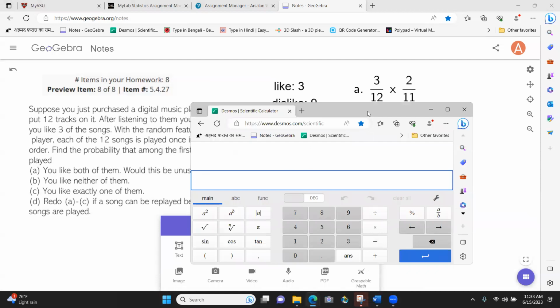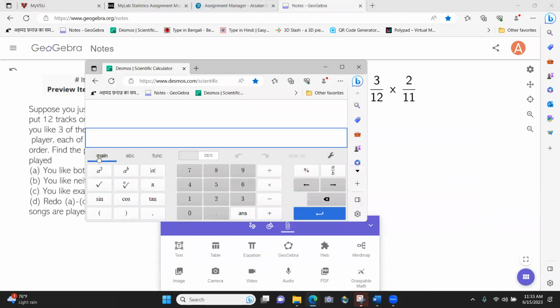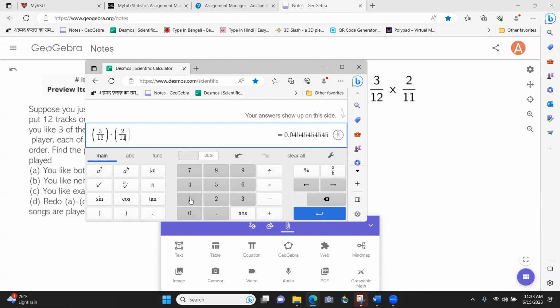I'm going to find this. 3 over 12 times 2 over 11, I'm sorry, is this number.